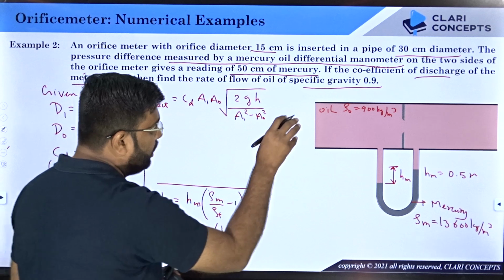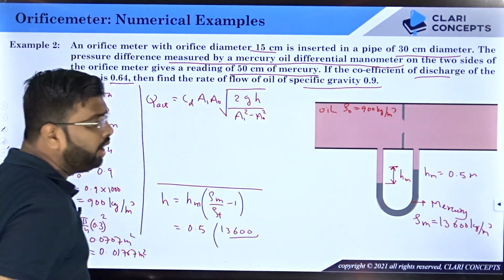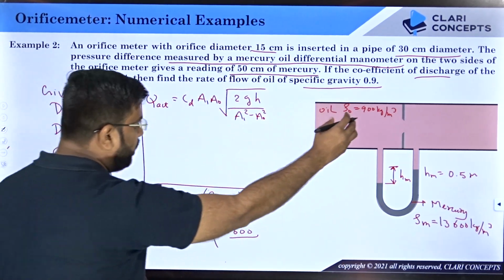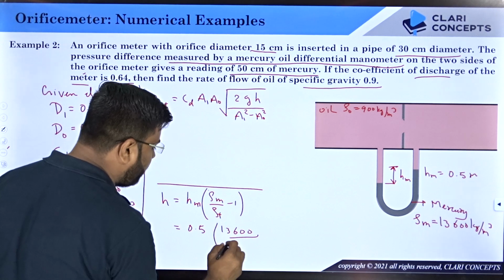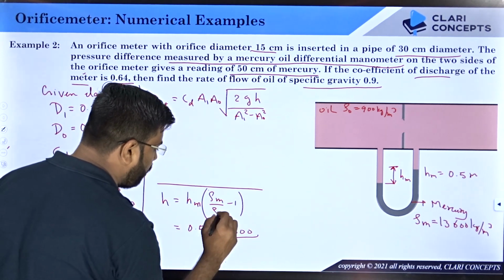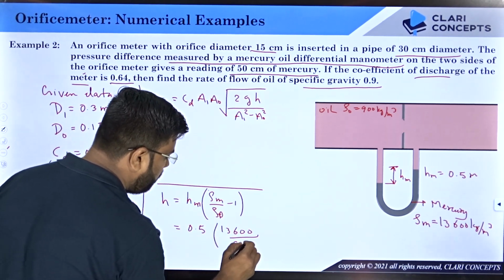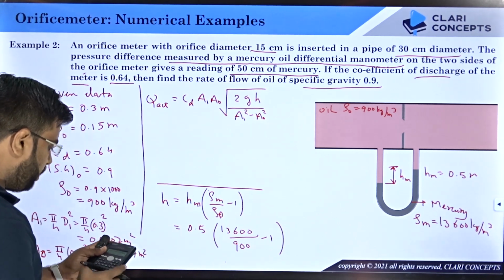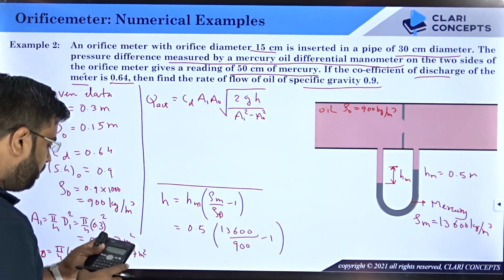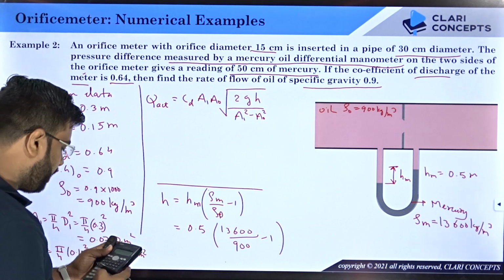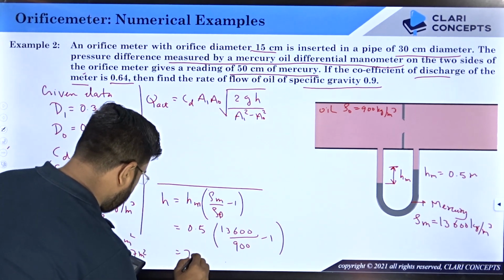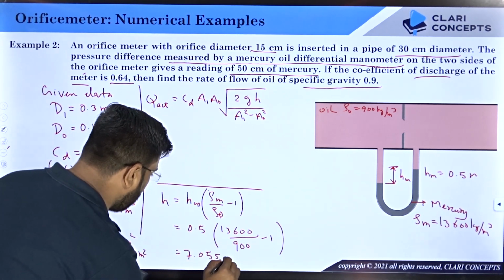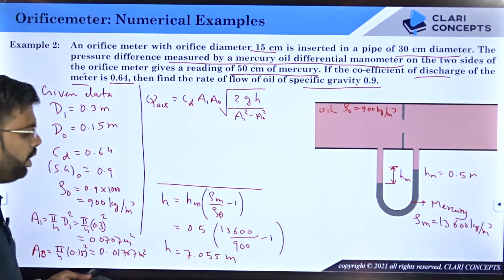What is rho f? Density of the fluid flowing through the pipe. So oil is flowing. So what is the density of oil? This will be density of oil, right? This will be 900. So this rho f will be rho o, 900 minus 1. So let me calculate 13600 by 900 minus 1 into 0.5. This is 7.055 meters. So H is 7.055 meters.